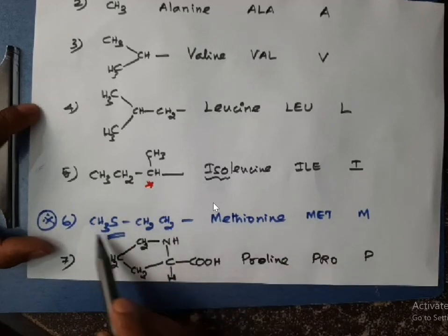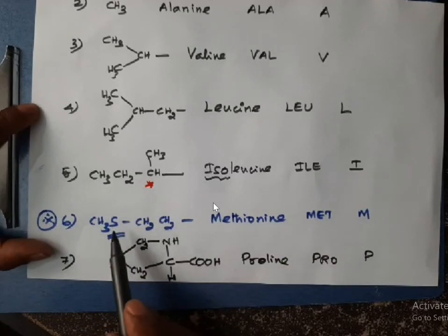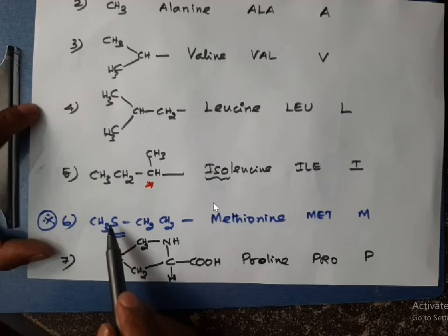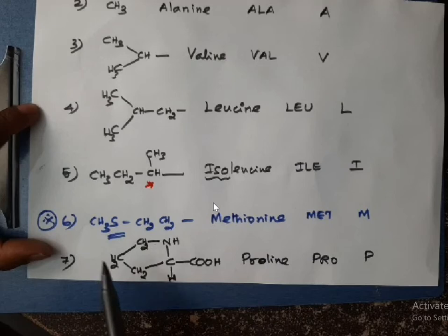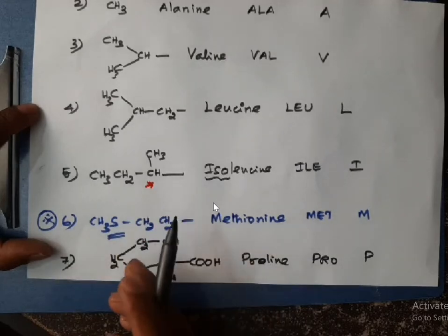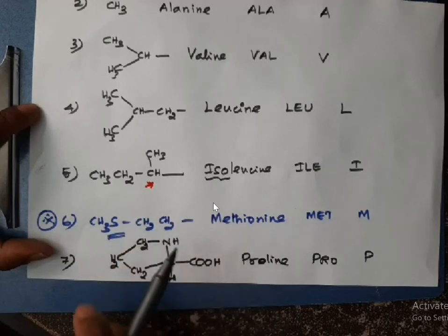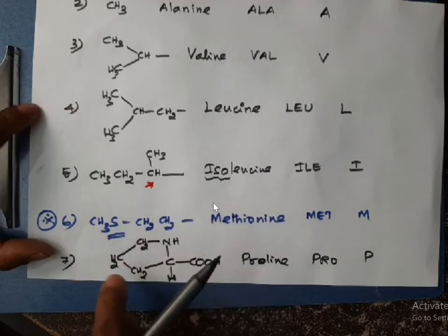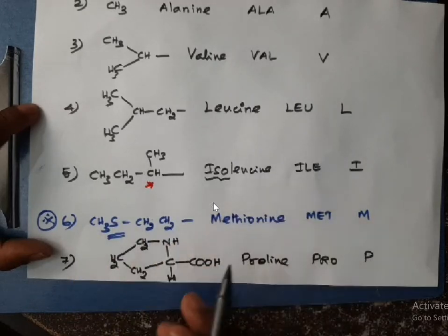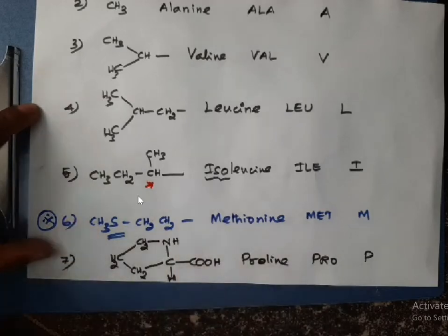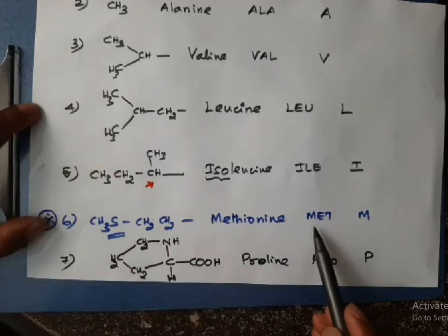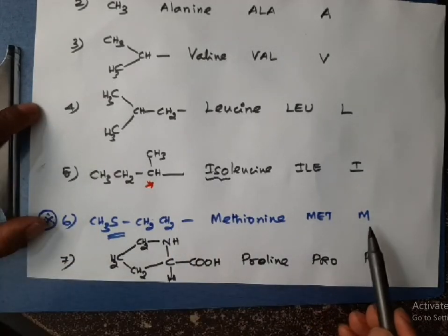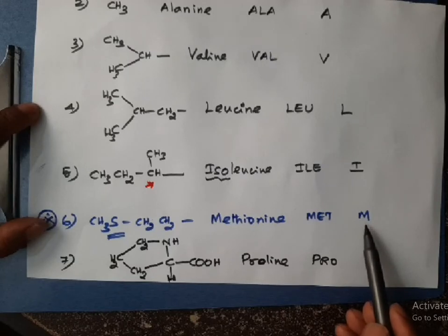Then, if the R group has a methyl-substituted sulfur, like a methoxy group, a methylthio group with an ethyl group, we get an amino acid called methionine. The abbreviation is MET, and the symbol is M.